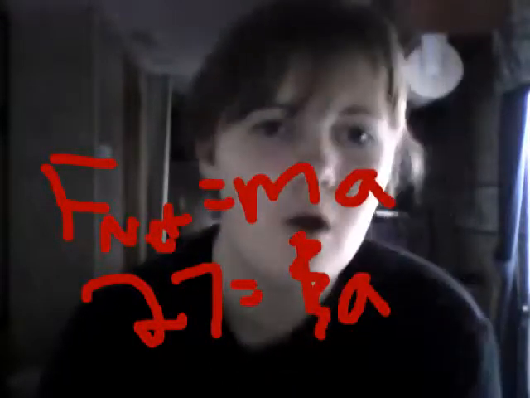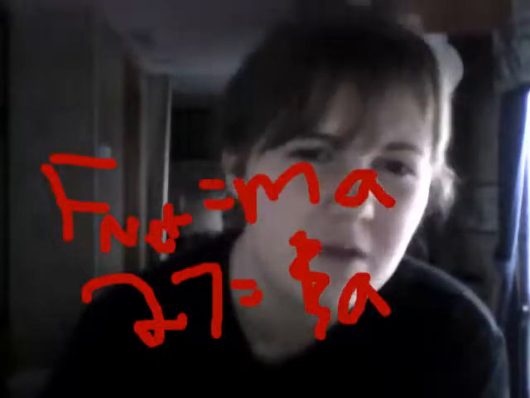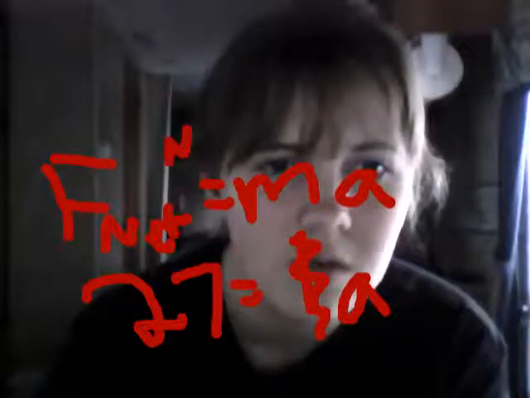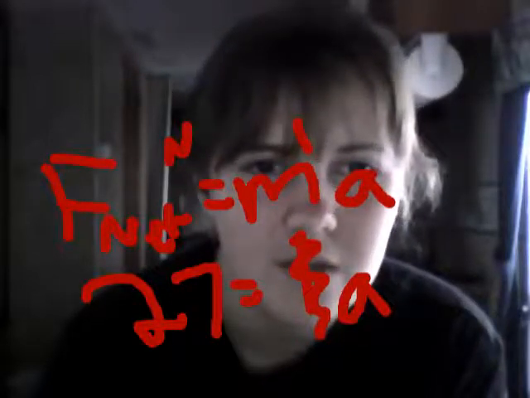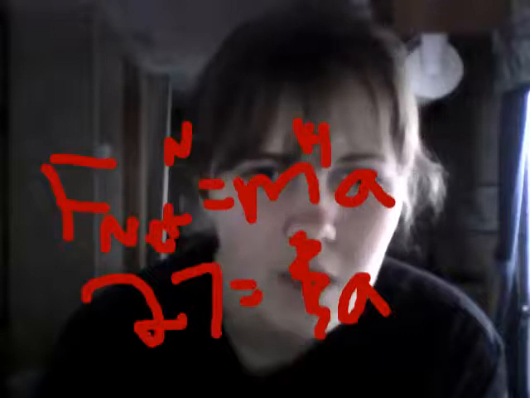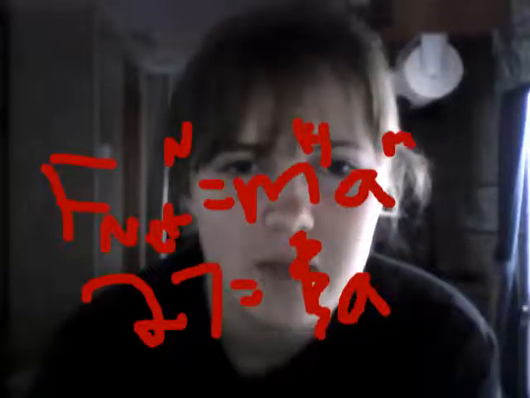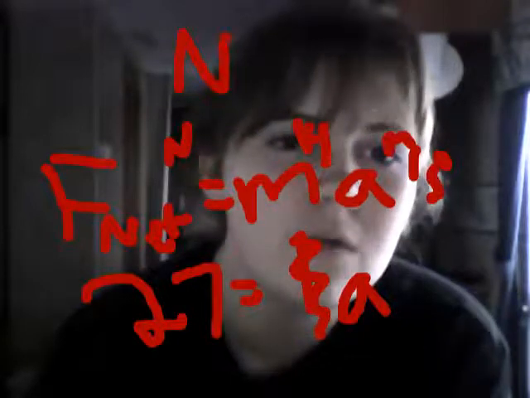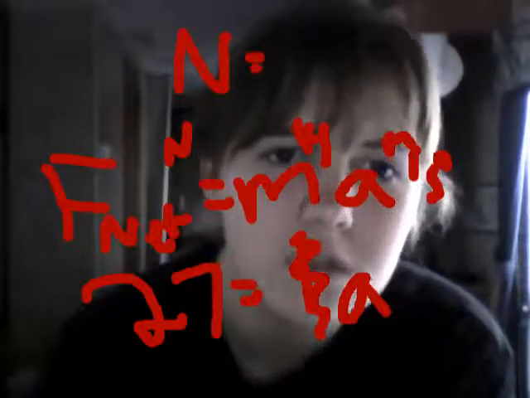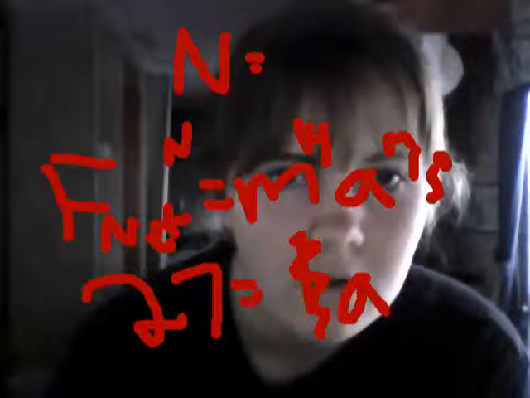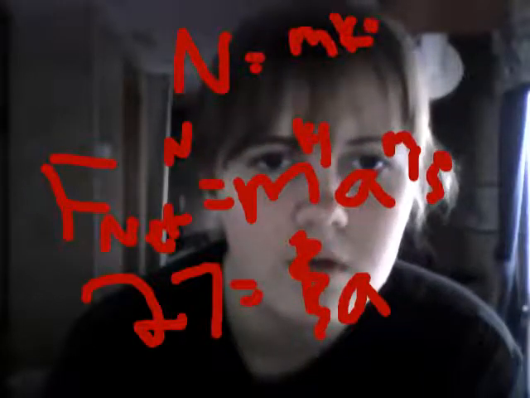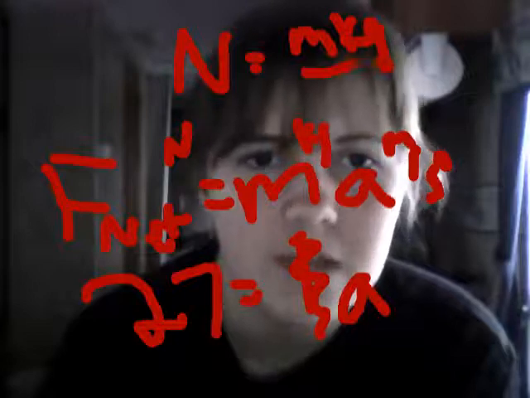Now, you could do all the units and whatnot, but basically you know that it figures out. But if you wanted to, you know that F net is in newtons, mass is in kilograms, and acceleration is meters per second squared. And we know that a newton equals kilogram meters per second squared.